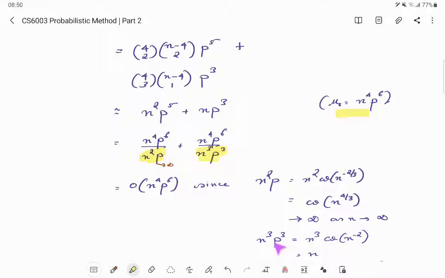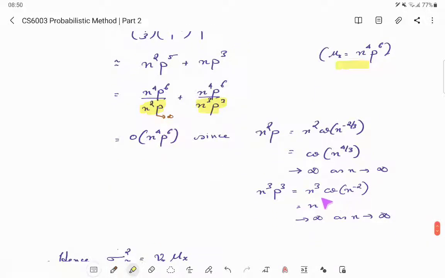Similarly, this denominator here, n cube p cube, p again is n to the power, sorry, it was correct. Okay, it was n to the power minus 2 by 3 cube, so it is n to the power minus 2. So this is omega of n, and hence it tends to infinity, right? So this also tends to infinity.